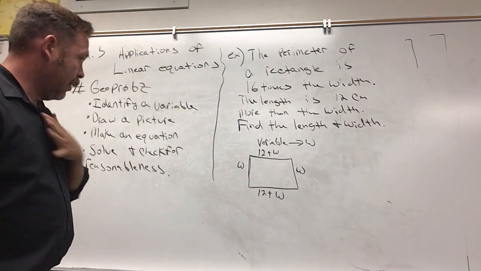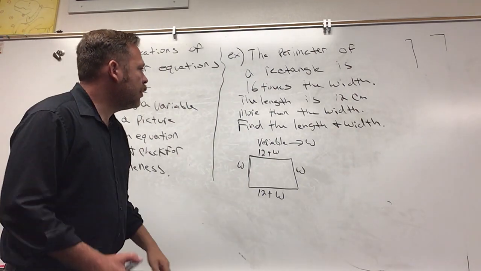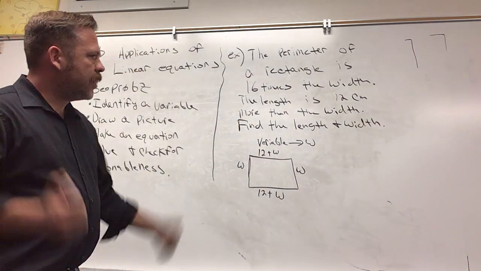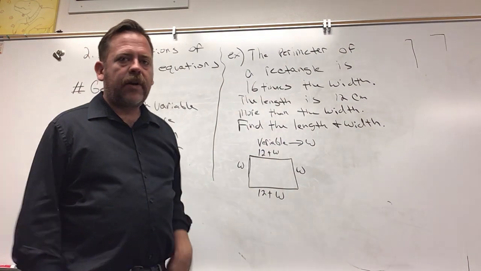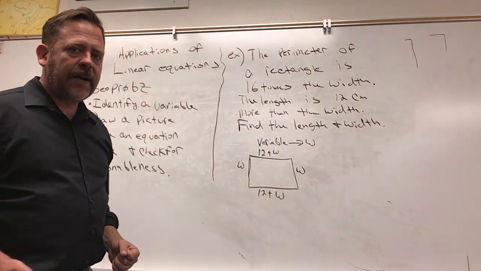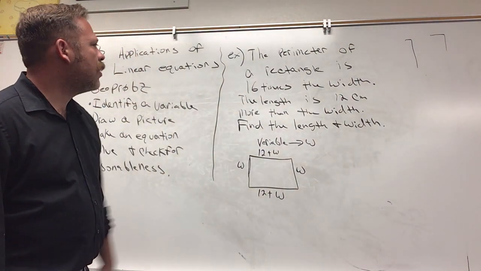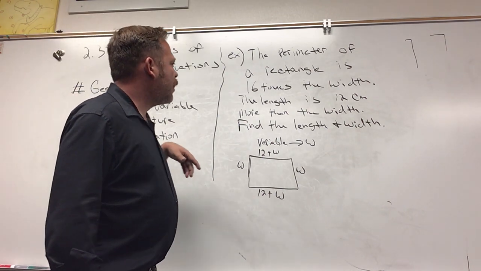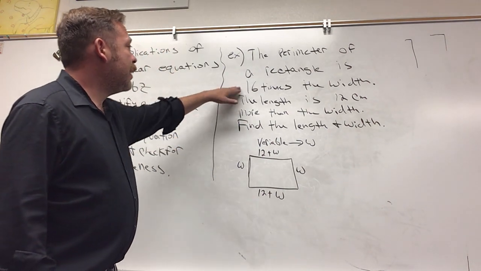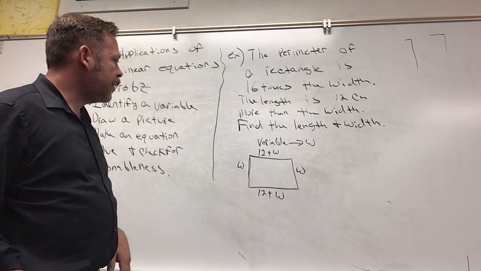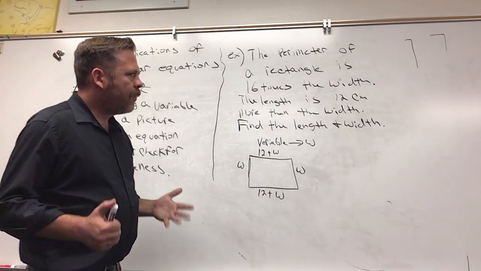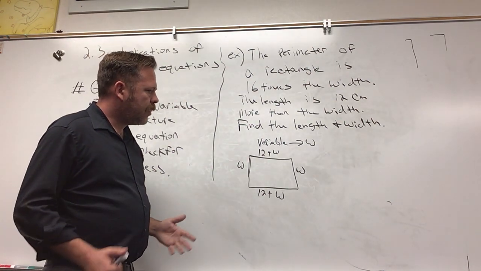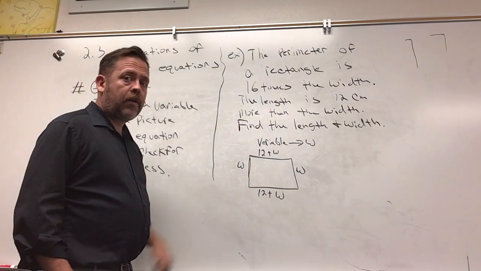Okay, so we talked about translating words, and we talked about is. What does is mean in math? It means equal. And it says the perimeter of the rectangle is 16 times the width. Okay, how do we find perimeter? What would I do? Add all these up.